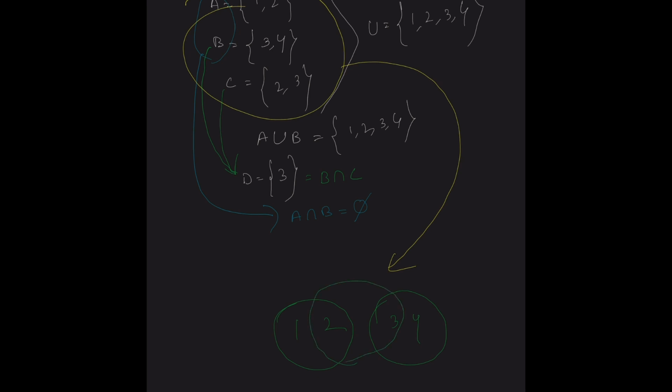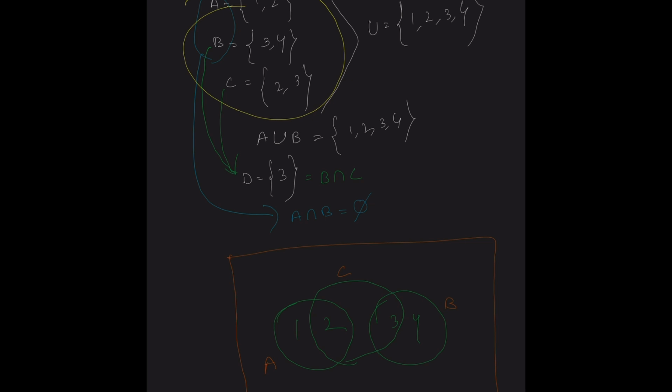So we have A, we have B, and we have C. We can also now draw a rectangle to define a universal set which consists of all the elements of A, B, and C, so that we can say that A, B, and C are subsets of it.